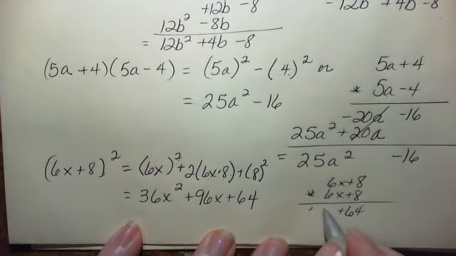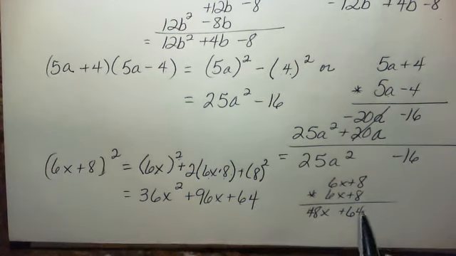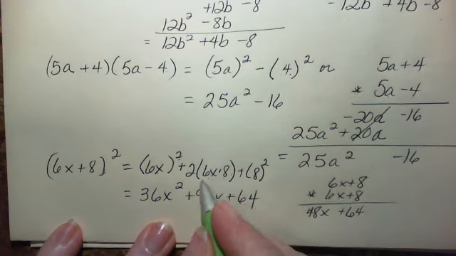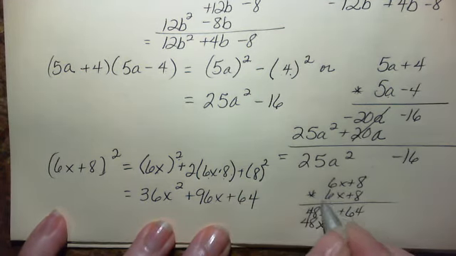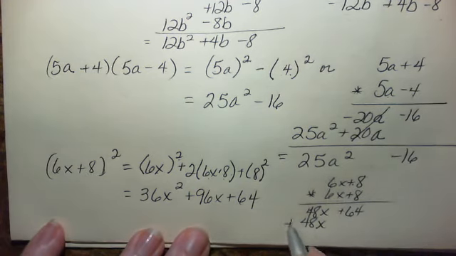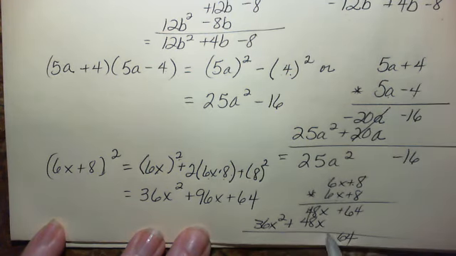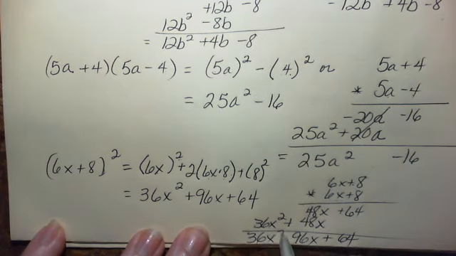That's what's happening here once. That's 48x. And then we're going to multiply by the 6x. 6x times 8, notice that's another one of these. That's another 48x. And 6x times 6x is 36x squared. And that totals for 64 here, 96x here, and 36x squared here.